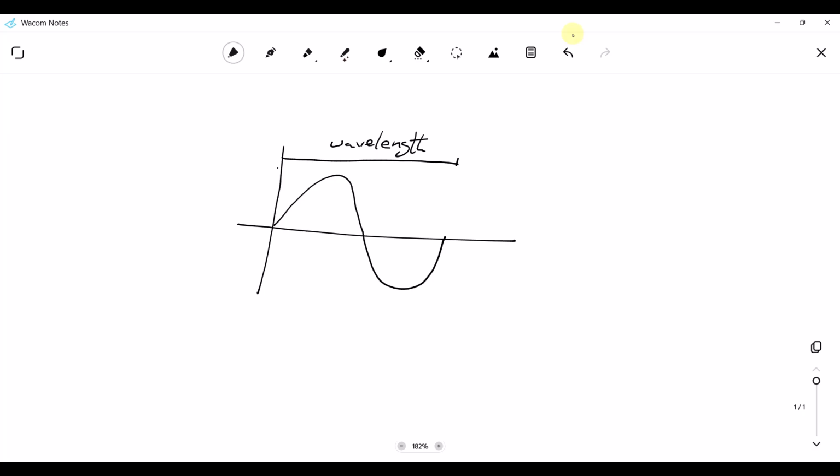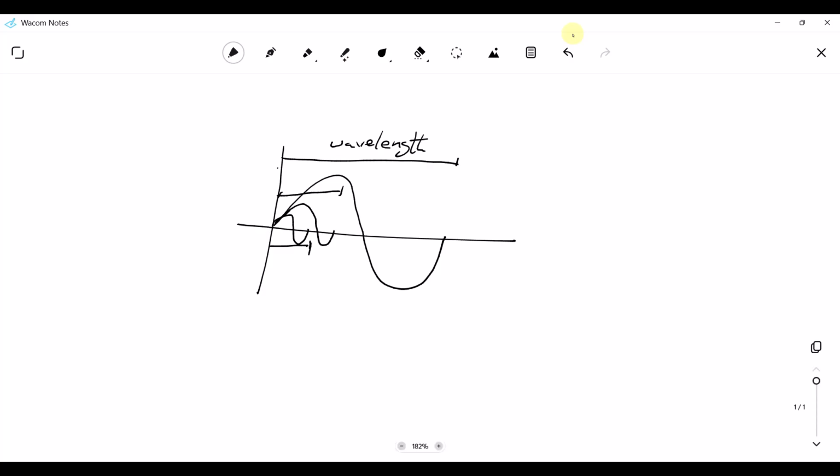Lower frequencies have a longer wavelength than higher frequencies. So a higher frequency can have something like this, a shorter wavelength. So this is also the wavelength of this signal here. Another signal can also be here. This is the wavelength of this signal.